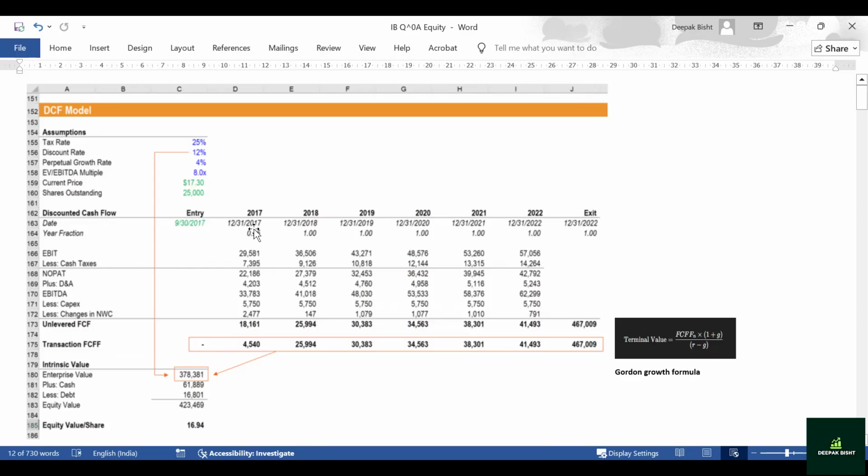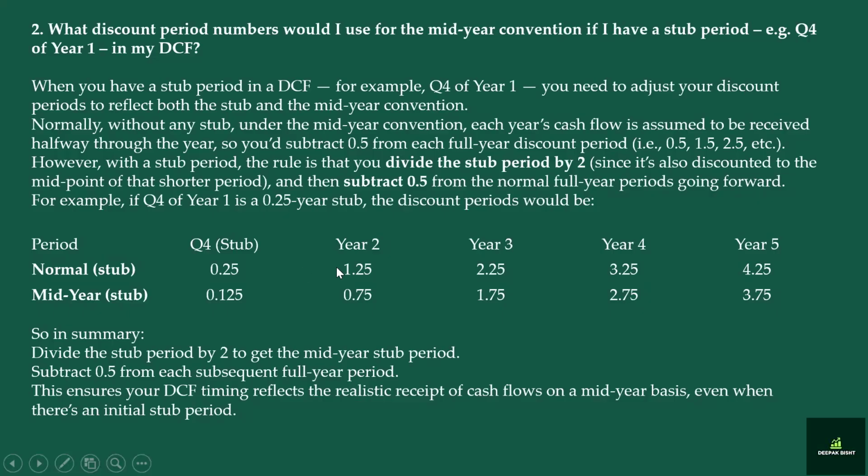So this is actually representing a stub period, but they have adjusted the calculations. They have adjusted these numbers. Okay, understand this thing. I was discussing why 1.25. Normal stub would be 0.25, 1.25, 2.25, 3.25, and 4.25. Let's discuss the normal stub.